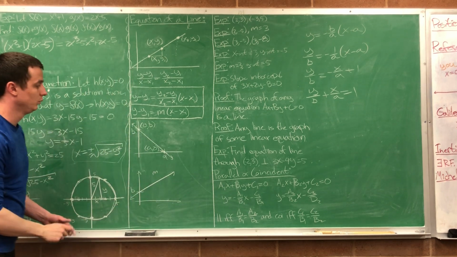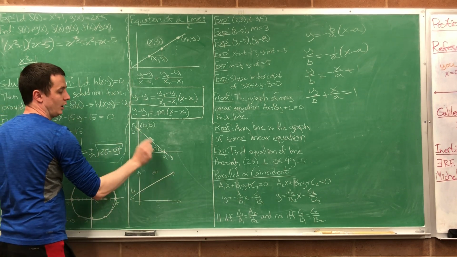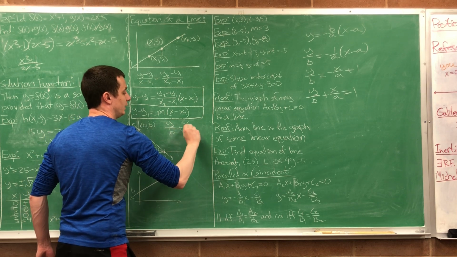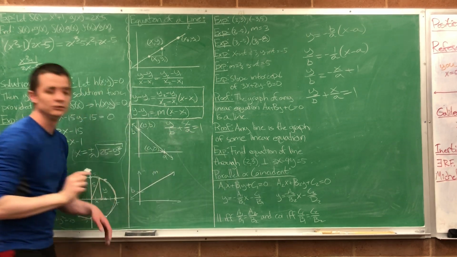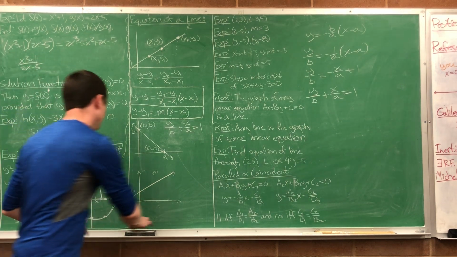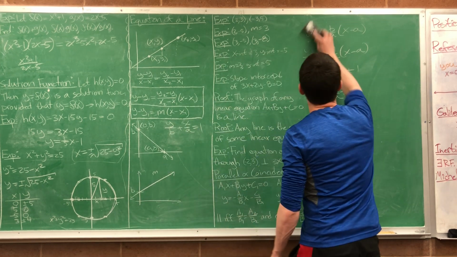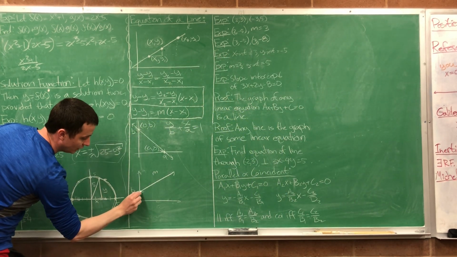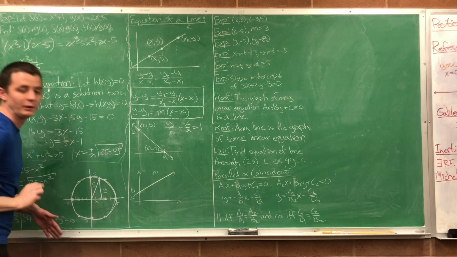So if you know the two places where your line crosses, the equation of the line is y over b plus x over a equals 1. Yep. Make sense? Okay, now finally, let's say you know that your line crosses at some point B, and you know your line has some slope m.